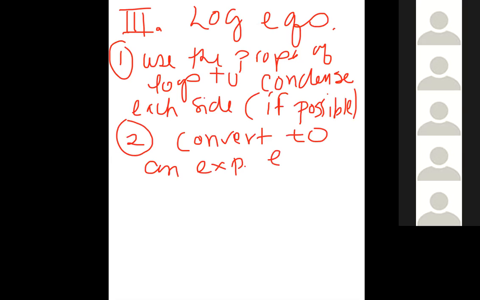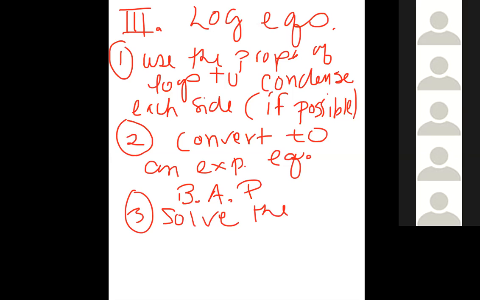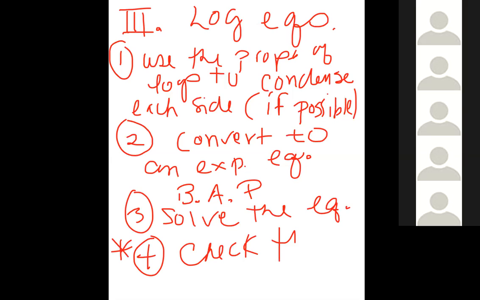And guys, remember the acronym BAP: the log base, and to power. Number three, we're going to solve the equation. And guys, this is critical. Number four, you must check the solutions. Why? Because when you're working with the log, remember the domain is restricted. So check the solutions.